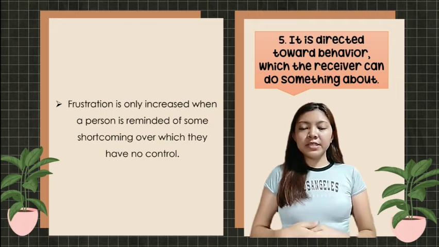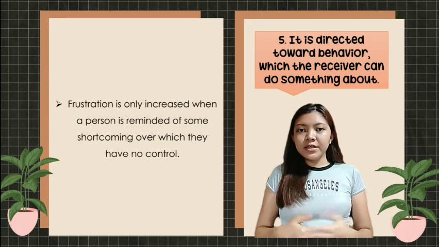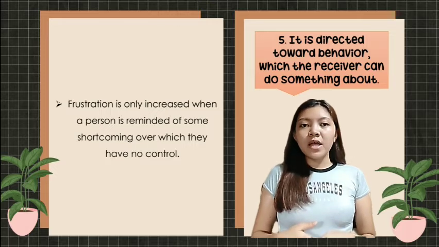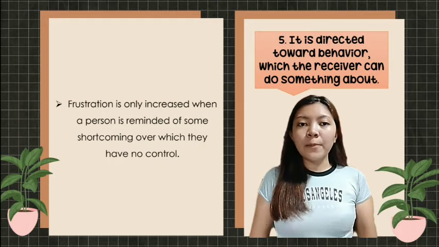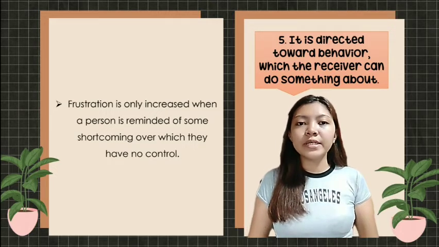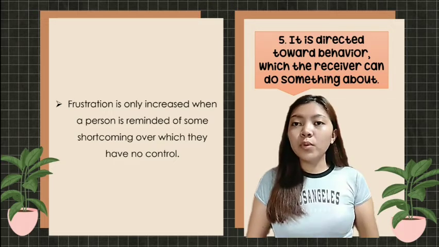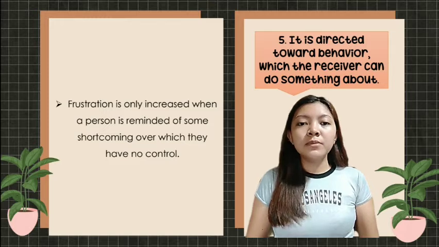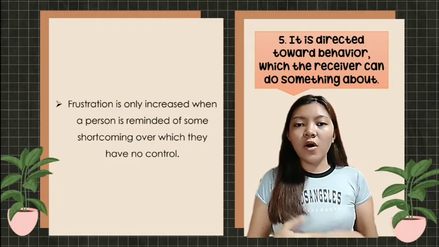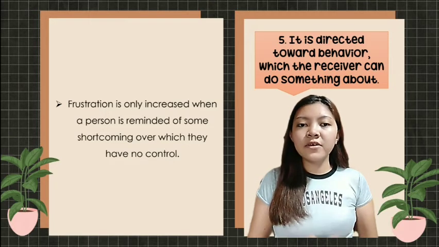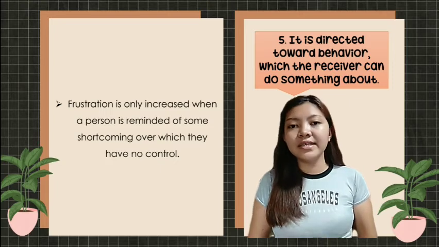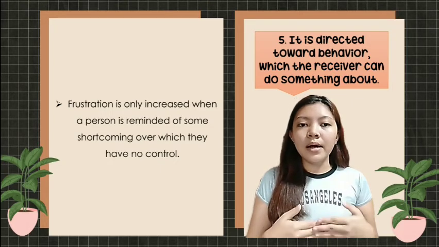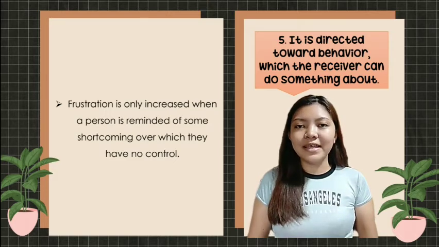And the fifth characteristic of constructive feedback is it is directed toward behavior which the receiver can do something about. Frustration is only increased when a person is reminded of some shortcoming over which they have no control. So, be respectful, demonstrating mindfulness of acceptable boundaries, respecting confidentiality, and using language that is non-judgmental and provided in a relaxed, mutually agreed upon setting.